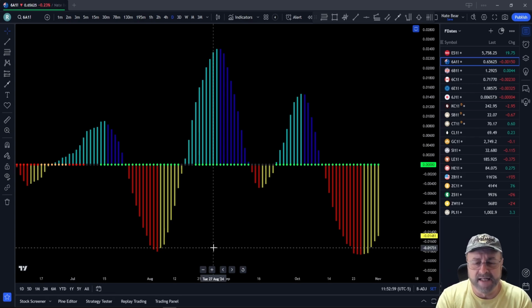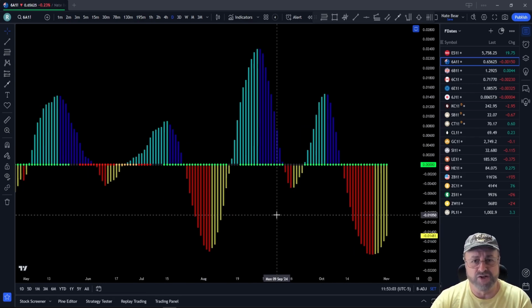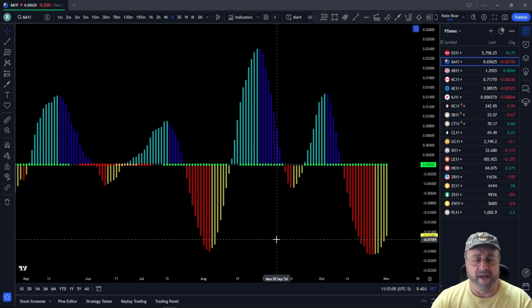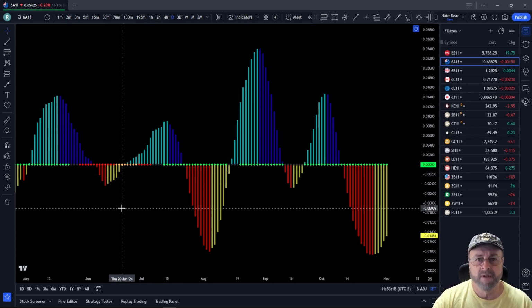It's an excellent indicator for a couple of reasons. Number one, it gives you an idea of when the market is going through a congestion or compression phase, which it tends to do a lot. That's where you see these red dots, for example.